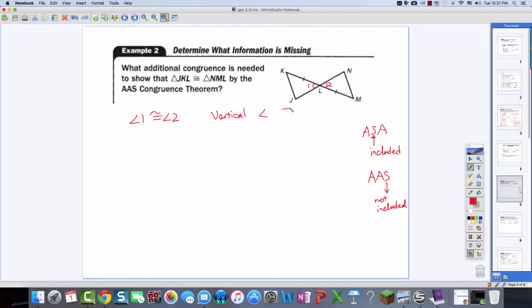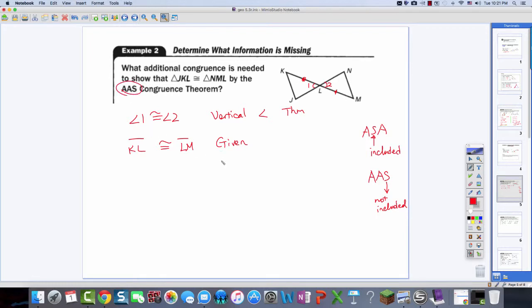So I can say I use vertical angle theorems to determine they are congruent. I also know that KL, which is this leg, and this leg, LM, are congruent because that's given, right? That's given. So I only have these two pieces of information.